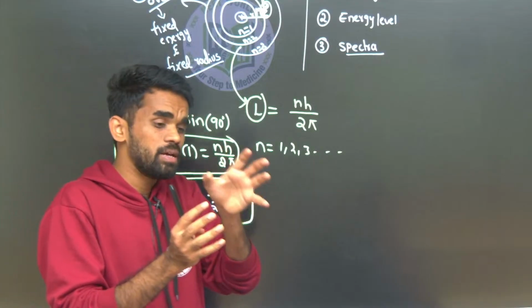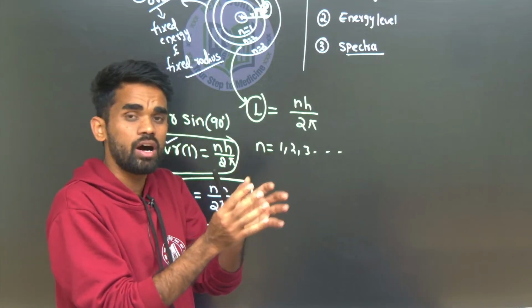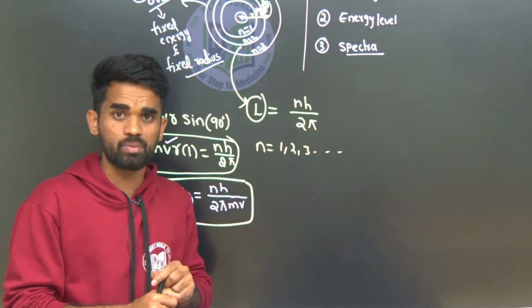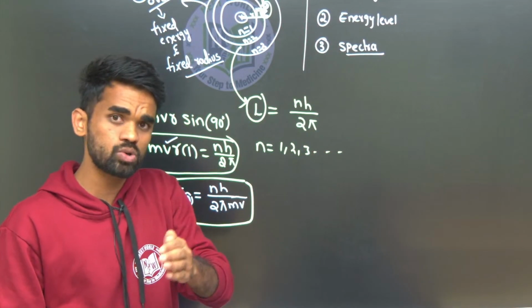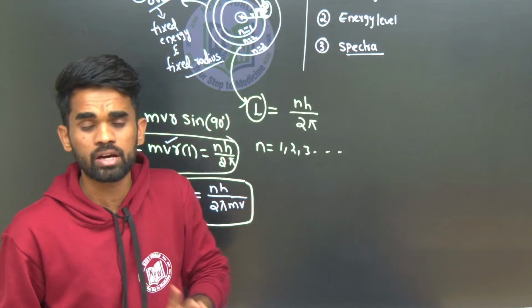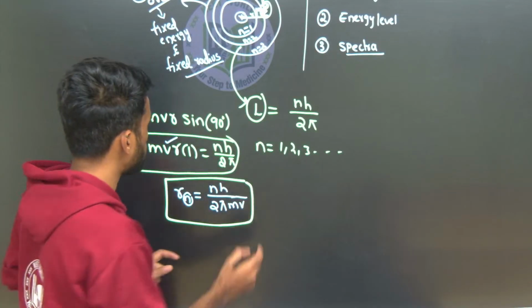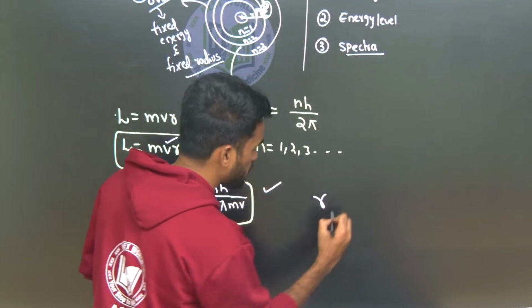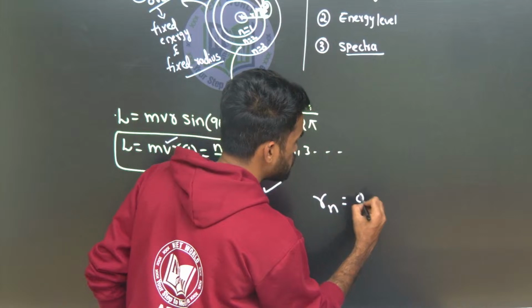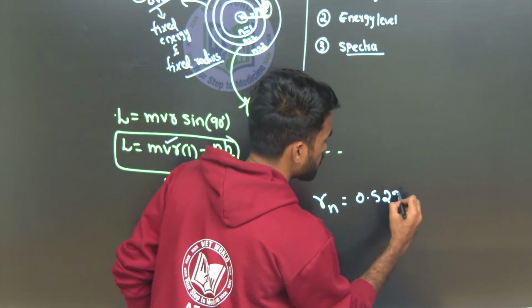Already I have made a special video on the discussion of Bohr's atomic model. Anyway, we are focusing on EAPCET, so let us go directly to the formulas and the questions. If you really want to know the derivation, the radius of the nth orbit can be written as Rn equals 0.529 n square by z.